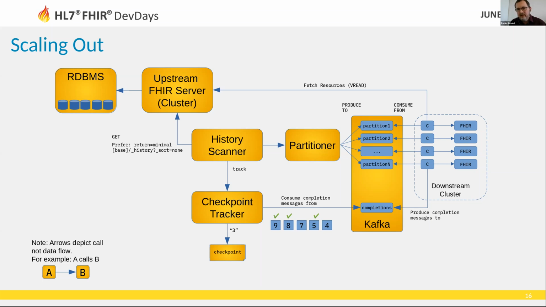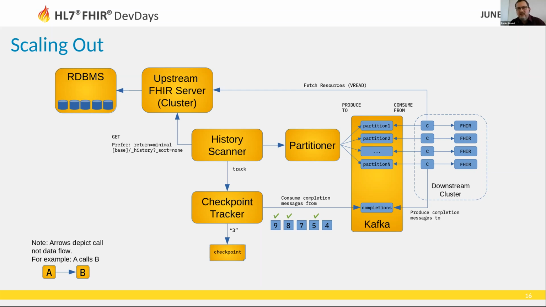Then the consumer could pull off a batch of these messages, compose a bundle request, post that to the FHIR server upstream, collect all the data, and then push everything down to the downstream FHIR server. Then the completion messages go back onto some completion topic. Those will then get consumed by the checkpoint tracker, and then we'd just be writing out checkpoints there as needed.